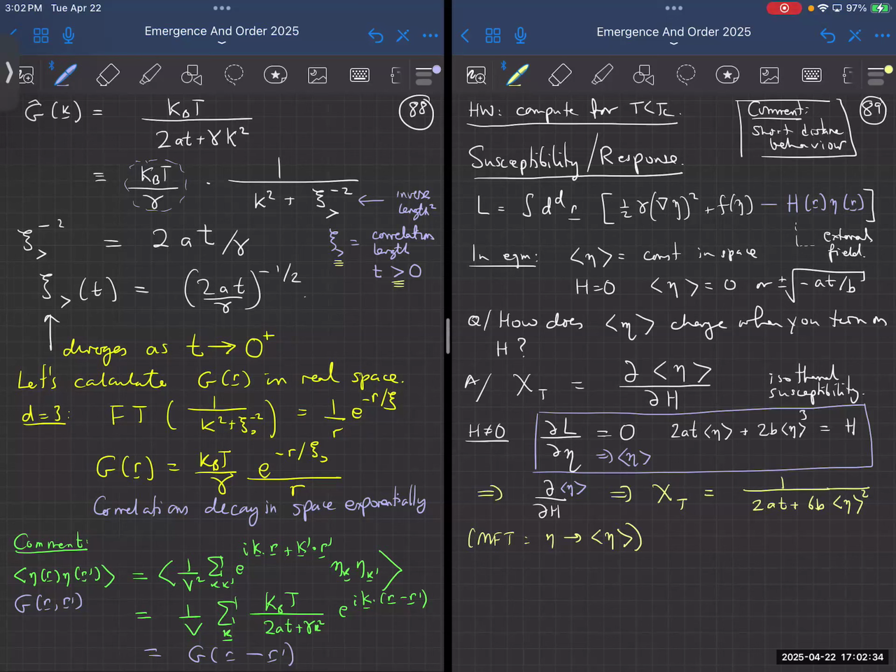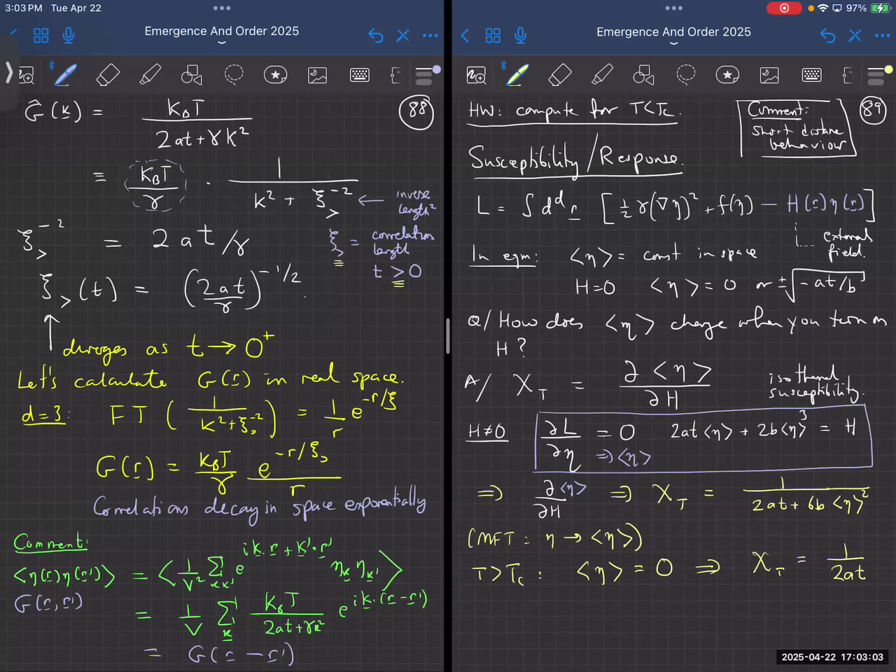Okay, so if I've got T greater than Tc, then what that means is the expectation value of eta is itself 0, and so that means that chi_T is 1 over 2AT. So what we've learned is that if I look at the susceptibility, how sensitive the system is to, I apply an external magnetic field and I ask, how does the order parameter change?